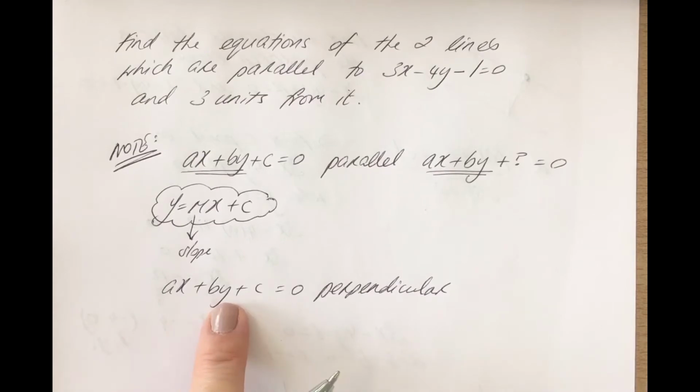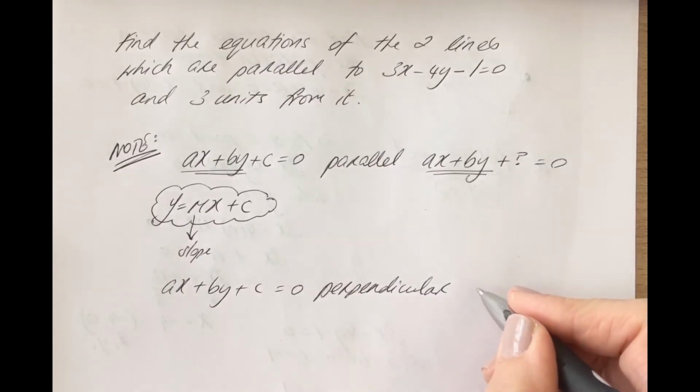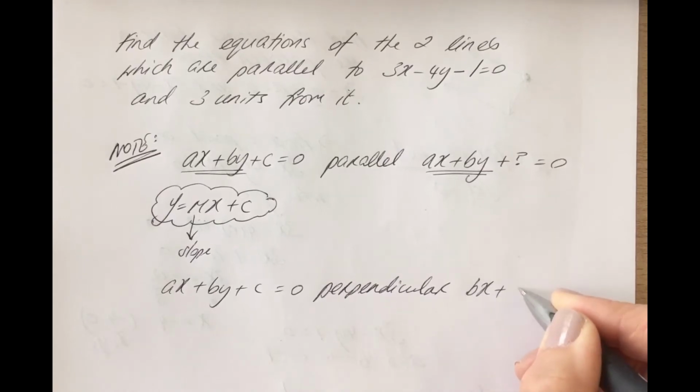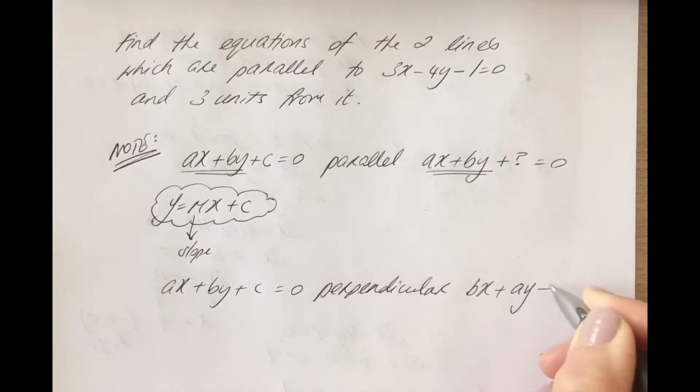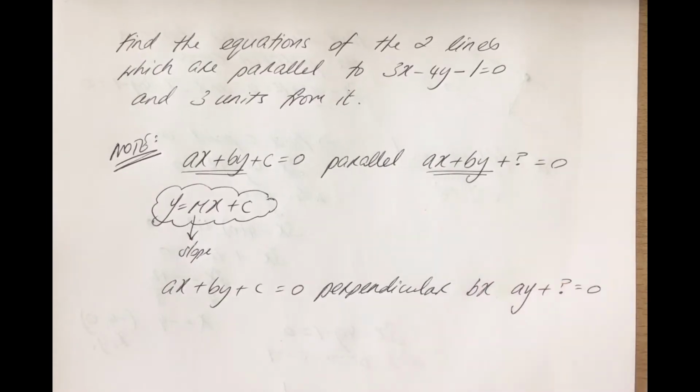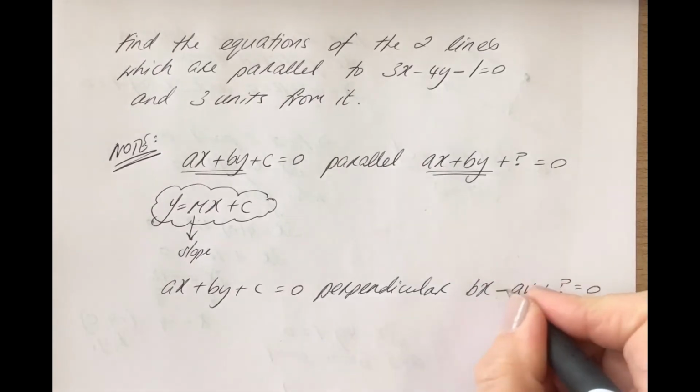So that means that you would flip the coefficients of the a and the y, and again you can add on anything, and also we need to change a sign here. So let me remove that plus and put in a minus.